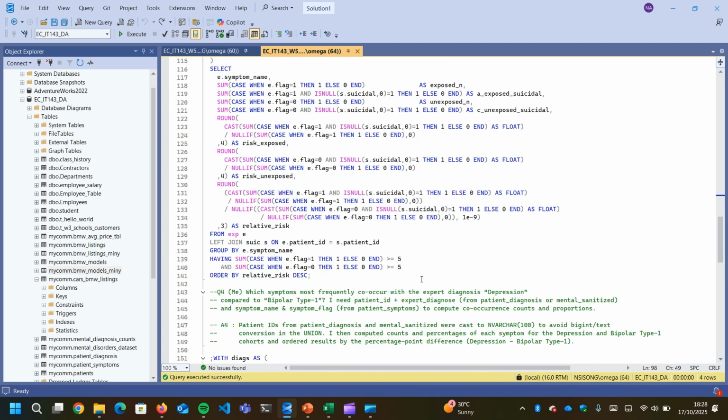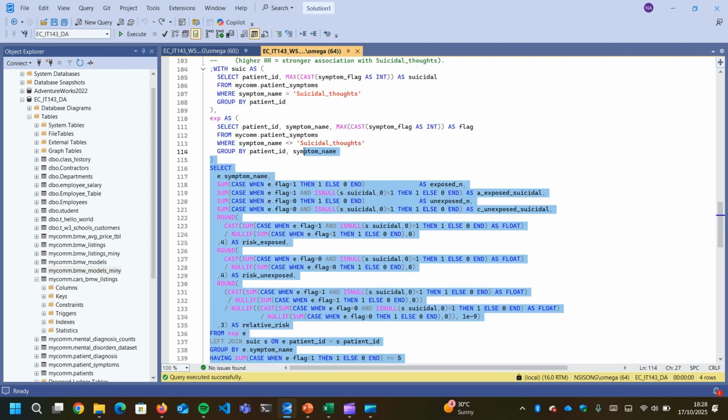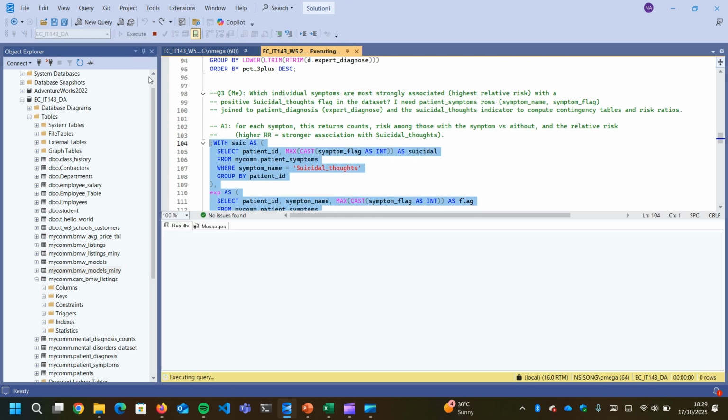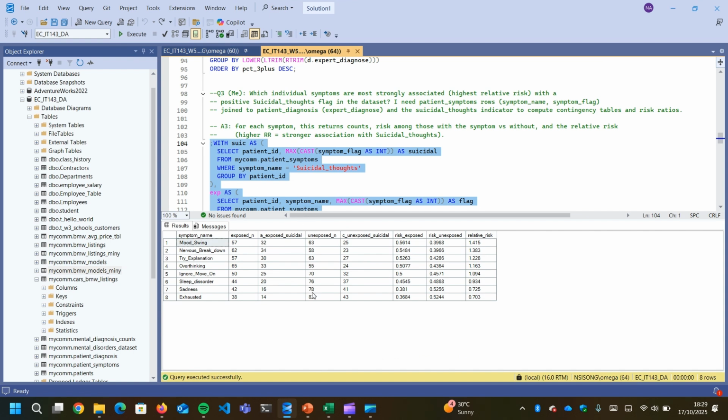So we're going to run that. So this is it. Symptoms with relative risks greater than one indicate elevated likelihood of suicidal thoughts when that symptom is present. That is early warning screening. So we've seen it here.